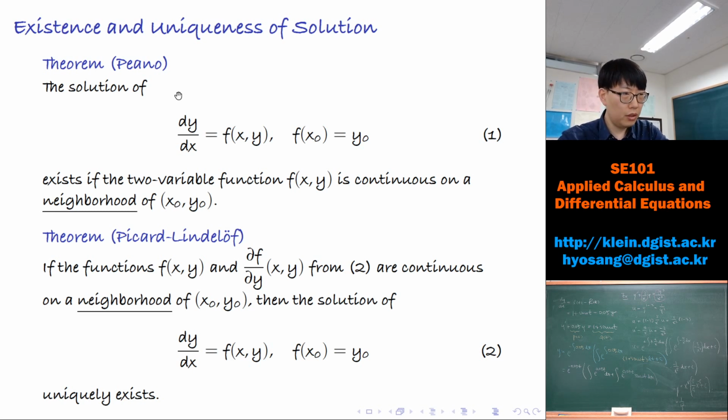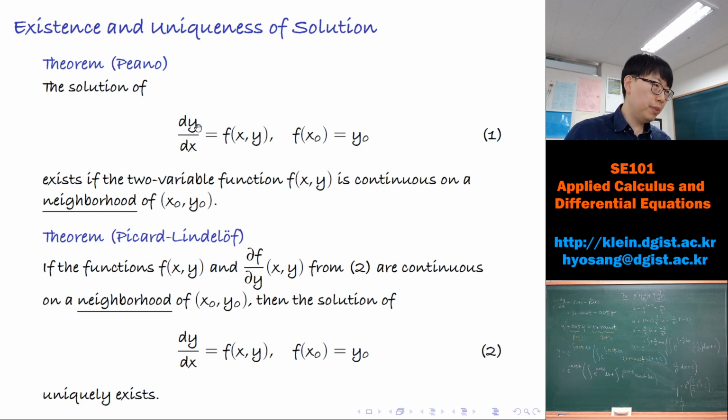So just think about this situation as the directional field is smooth, which means that the arrows at each point change smoothly as you move your point in the two-dimensional plane. Then the Peano theorem says the solution exists. This theorem just tells you that the solution exists. It doesn't tell you how many solutions exist.